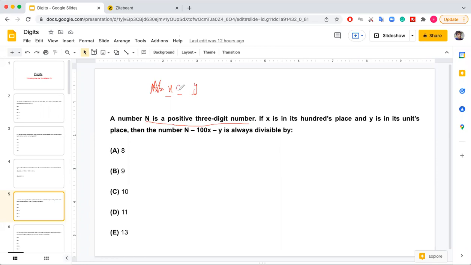Let's call the tens digit A. We can also write this number as 100x plus 10a plus y.